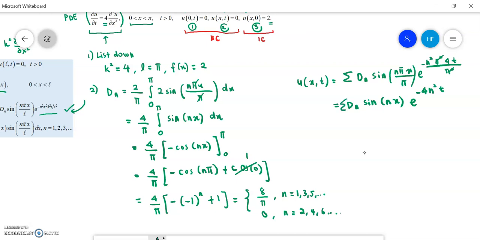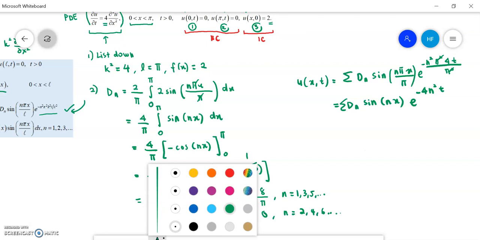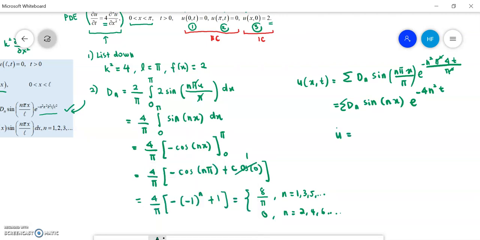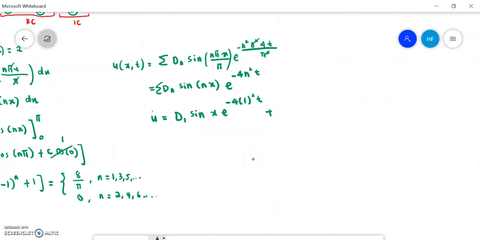Now we can expand this, where u equals T_1 sine x e to the power of negative 4 times 1 squared t, plus T_2 sine 2x e to the power of negative 4 times 2 squared t, plus T_3 sine 3x e to the power of negative 4 times 3 squared t.